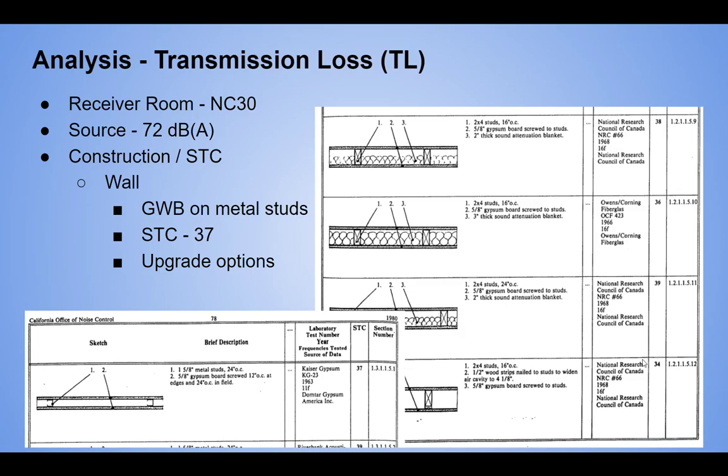We could be as low as 34, and we could get as high as 39. That's about as far as we're going to get, but that's still not our 42. So this 37 isn't that big of a jump, even if we haven't verified that. So we don't even really need to cut a hole in the wall and do a site visit analysis and confirm what it is. We can go off of this assumption.